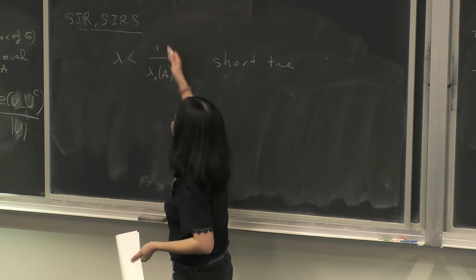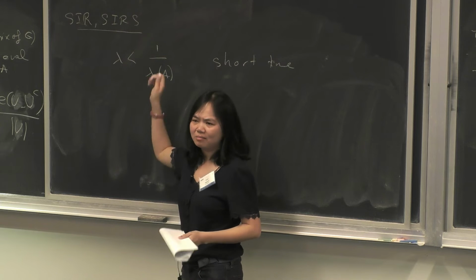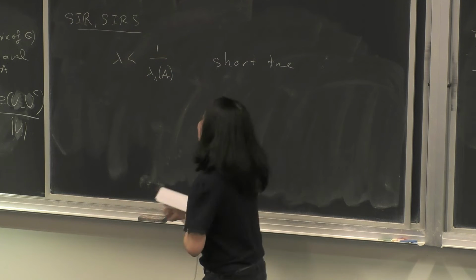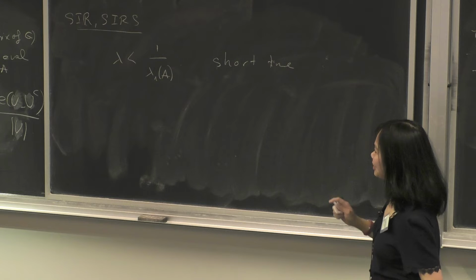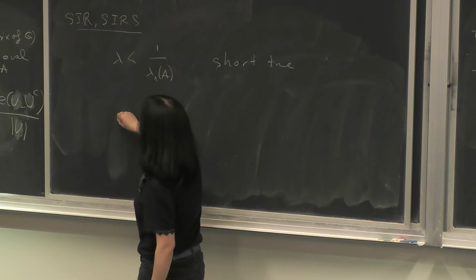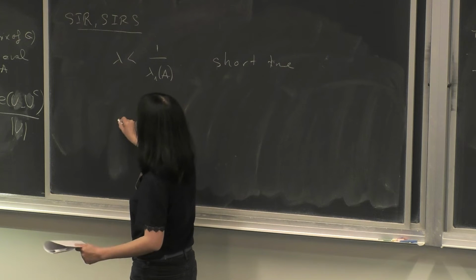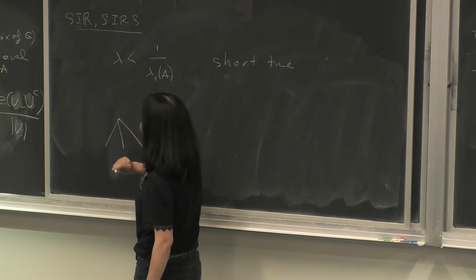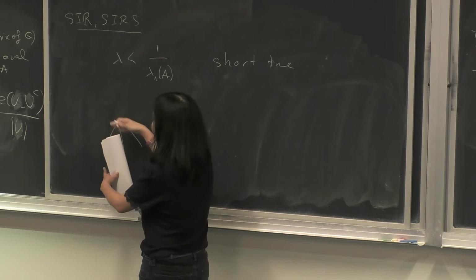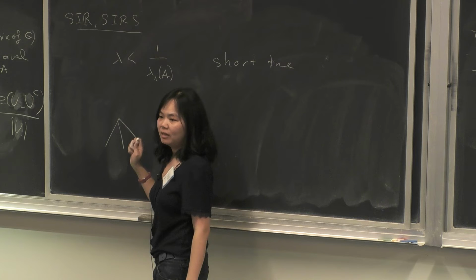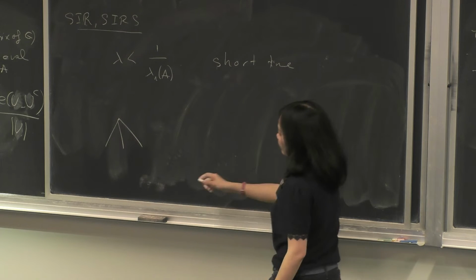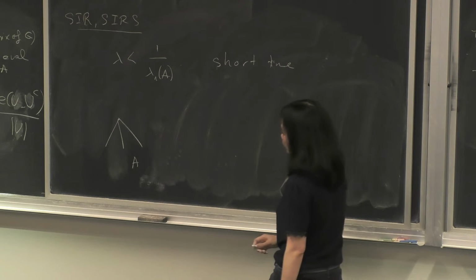But then the question is, is this the right thing to look at for general matrices? Of course not, because for SIS it's natural to look at the adjacency matrix, since whenever a vertex is infected, it can infect its neighbors. So the adjacency matrix A is the right matrix to look at.